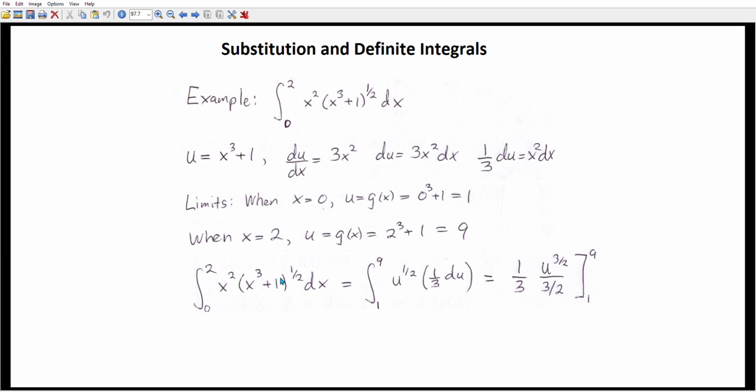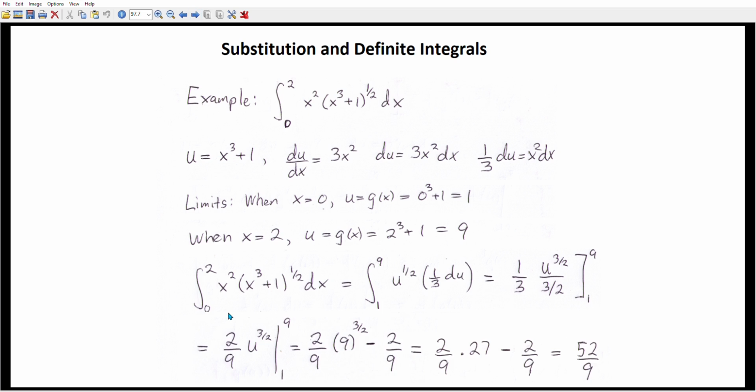Okay, (x cubed plus 1) to the 1/2 has now become u to the 1/2. x squared dx is our 1/3 du. And now we integrate, and u to the 1/2 becomes u to the 3/2 over 3/2, now between 1 and 9. And we do some algebra.